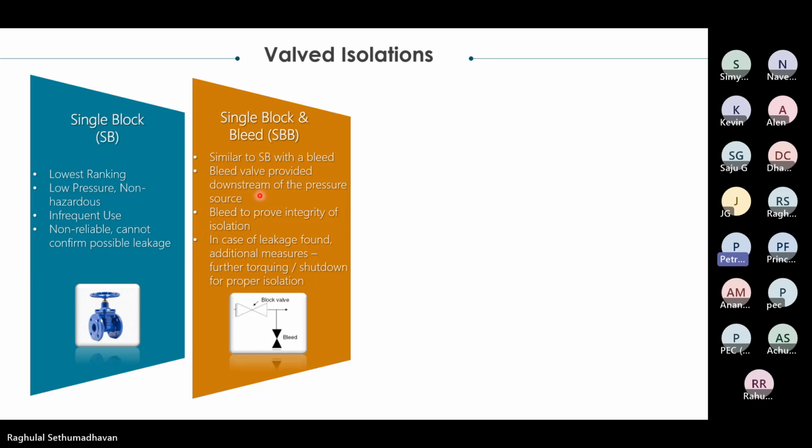The bleed valve is provided downstream of the pressure source. Bleed is to prove the integrity of isolation. If the proper isolation is there or not, if there is any passing, we can come to know through the bleed. In case leakage is found, we can take additional measures, like further tightening or a cut down is to be done.